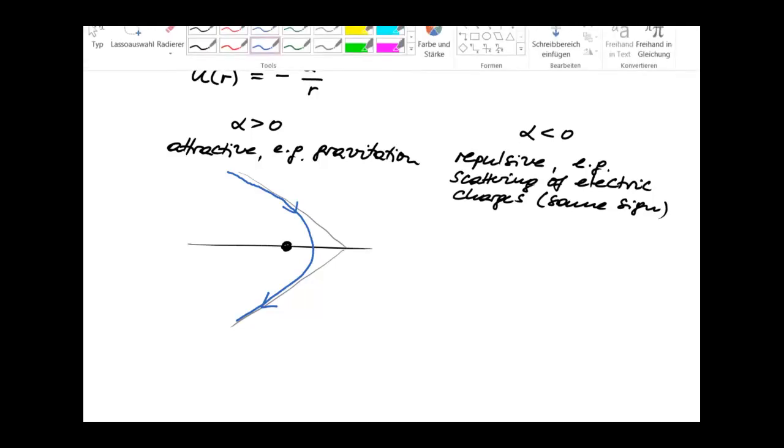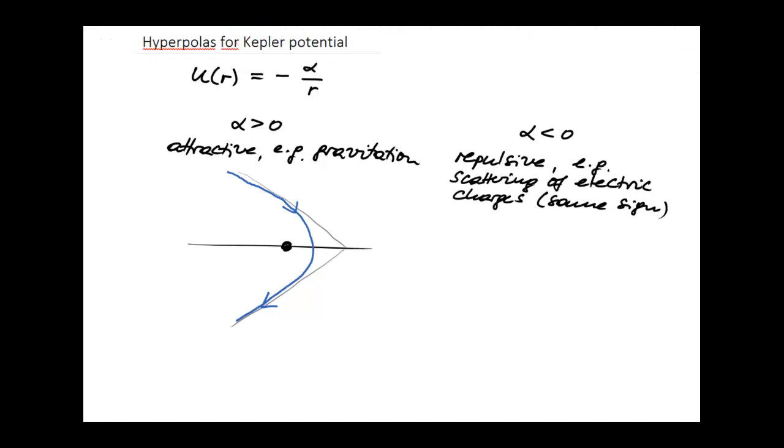At each point along this orbit, we characterize the position of the particle, the projectile, the comet in this case is the projectile, with polar coordinates. So we have the distance from the center of the potential, little r, and we have an angle phi.